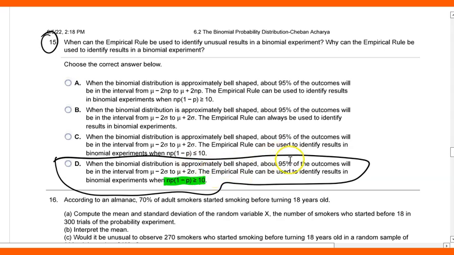In other words, 95% of outcomes lie in the interval from mu minus 2 sigma to mu plus 2 sigma.